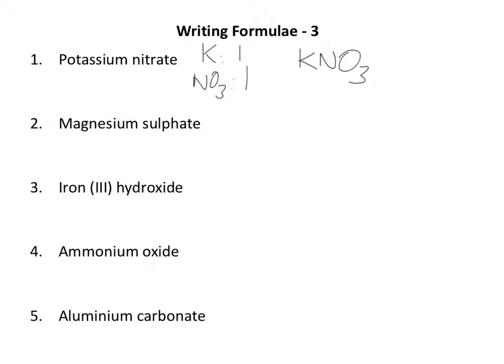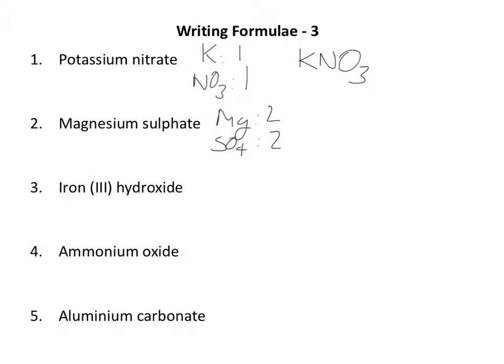You might be spotting what comes next. What happens if the valencies are different? Well, magnesium sulfate is a nice example for that. Magnesium, find it on your valency sheet, has a valency of 2. Sulfate, SO4, has a valency of 2. Oh, these are the same. So what do we do if they're the same? We just have one of each.